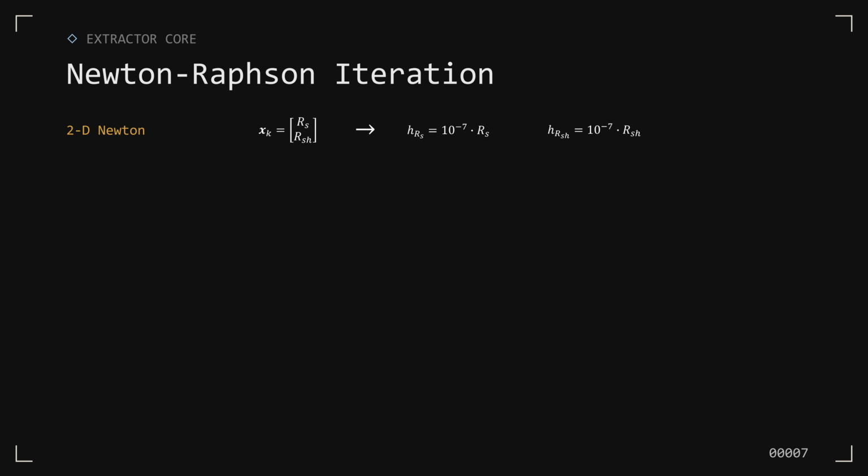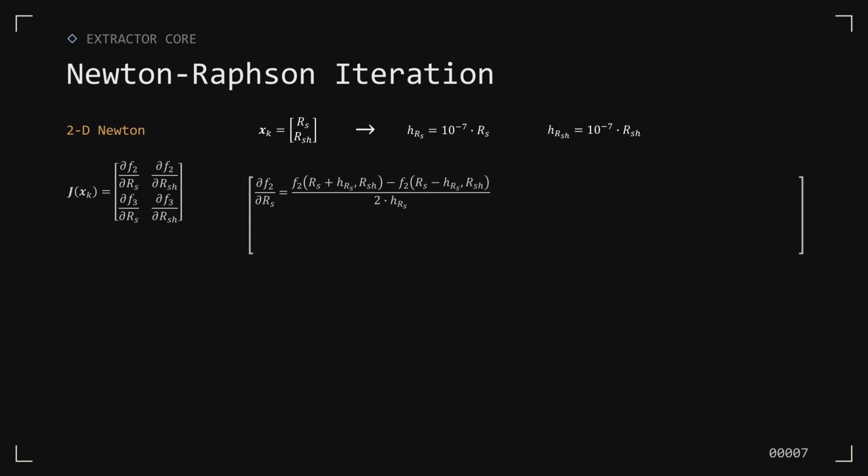After getting a scaled step size based on the current iteration's resistance values, we compute the partial derivatives using the central difference method. This is what that looks like for the derivative of f2 with respect to Rs. The f2 function is called twice, once with Rs plus the step, and then with Rs minus the step. Then you take those results and use them in the central difference formula.